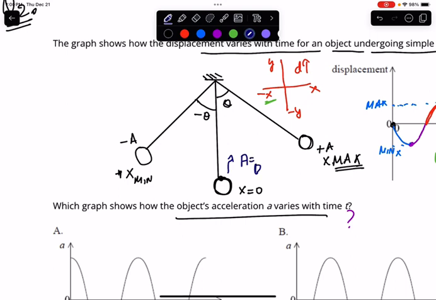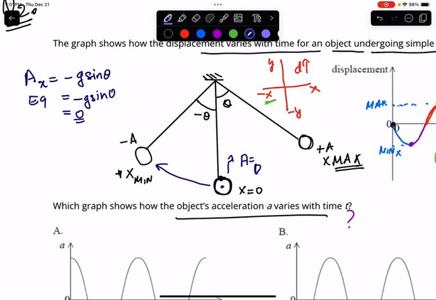The reason is that in this free body diagram, the acceleration in the x direction comes out to be negative g sine of theta, and at the equilibrium, theta is just 0 because it's a straight line. So this is negative g sine of 0 at the equilibrium, and so this just becomes 0. So the starting acceleration is 0.